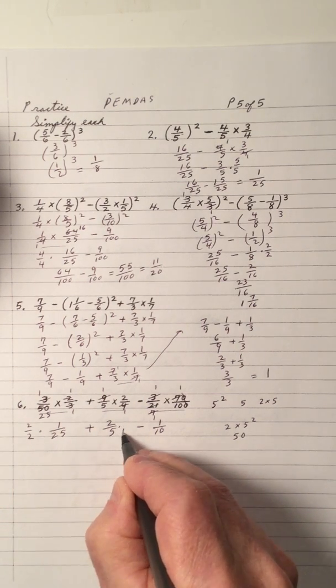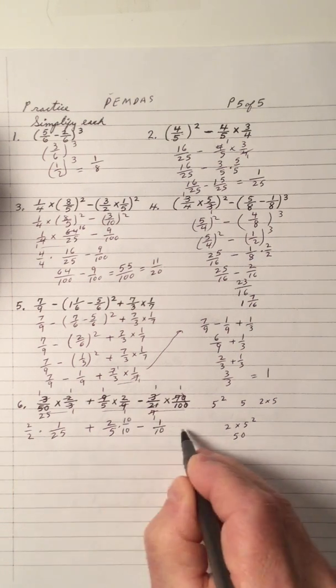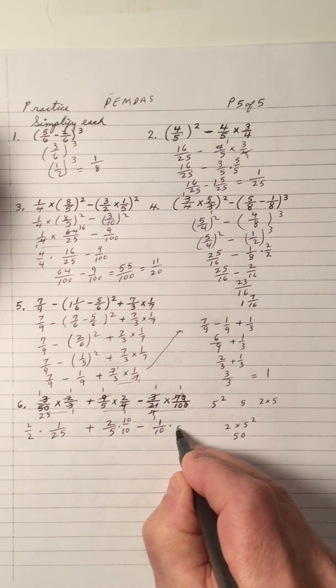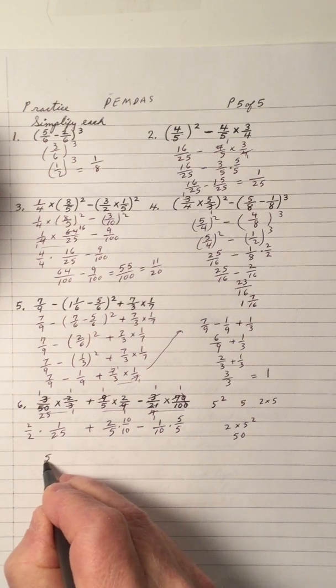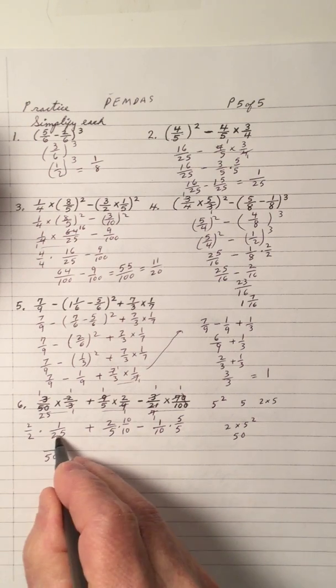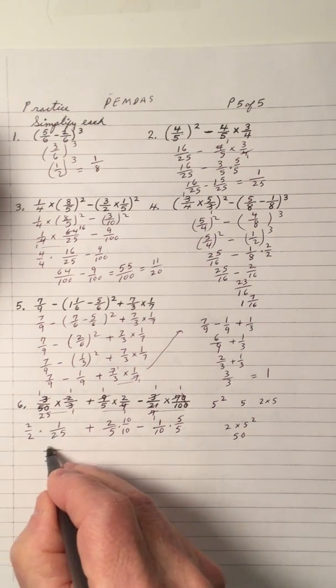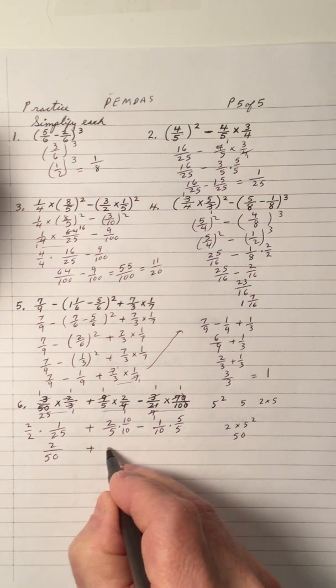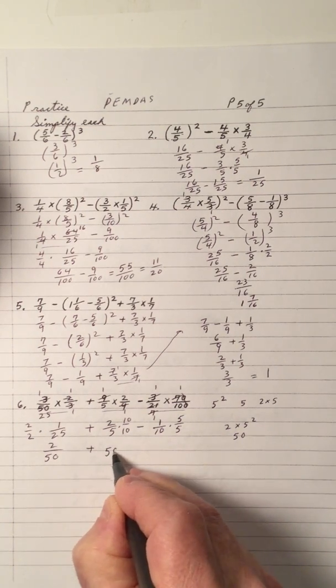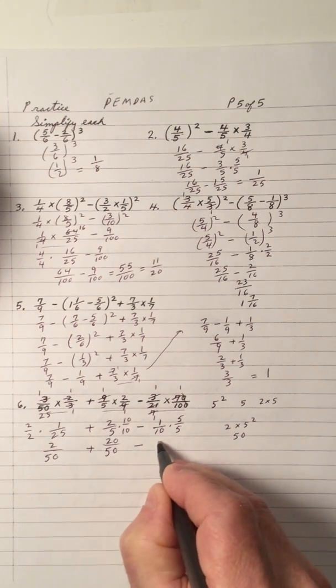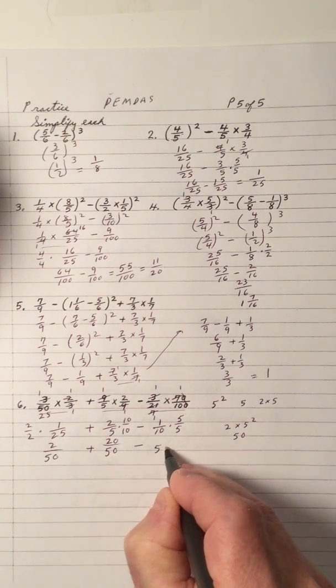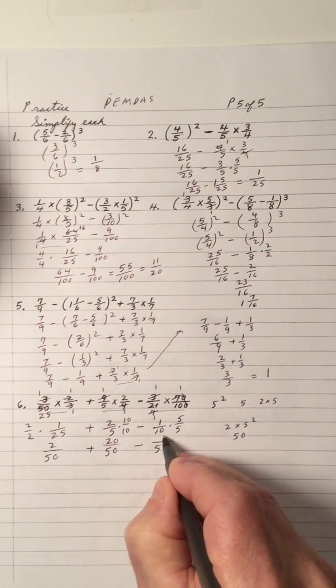Multiply 2/5 by 10 over 10. And multiply 1/10 by 5 over 5. That gives me 50 on the denominator of each one. So 2 times 1 is 2. 5 times 10 is 50, correct. 2 times 10 is 20, subtract. 10 times 5 is 50. 1 times 5 is 5.